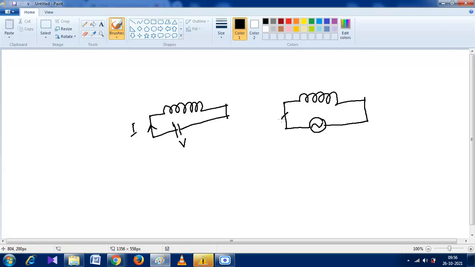What will happen? Can anyone tell me what will happen if we flow a current through a coil?